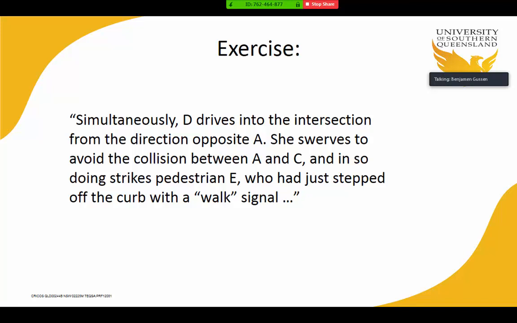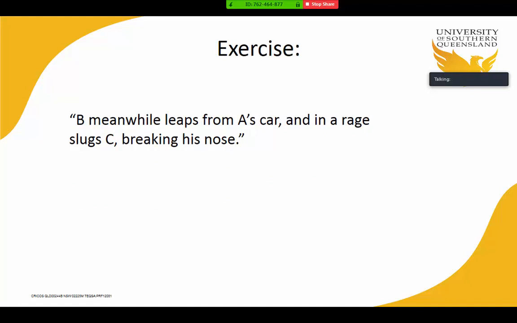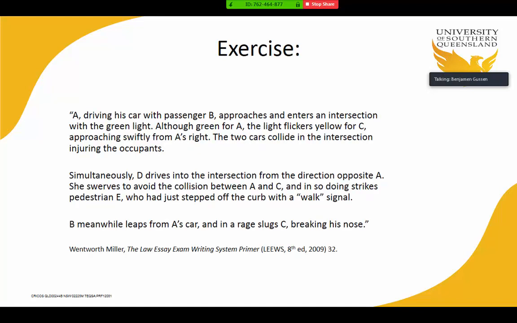A and B in the car, C is coming from the right, they collide, D is coming from the other side, and there's a pedestrian crossing, and they collide with them. So you need to visualize. B, meanwhile, who's the passenger, leaps from A's car and in a rage slugs C, breaking his nose. All right, that's all we have.